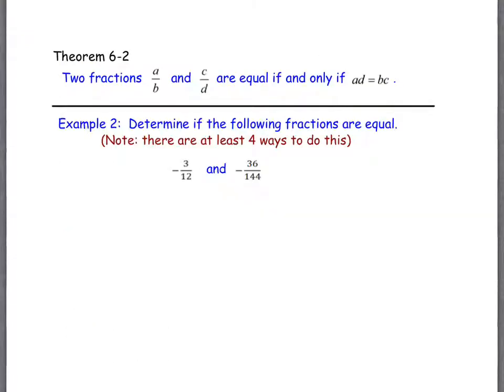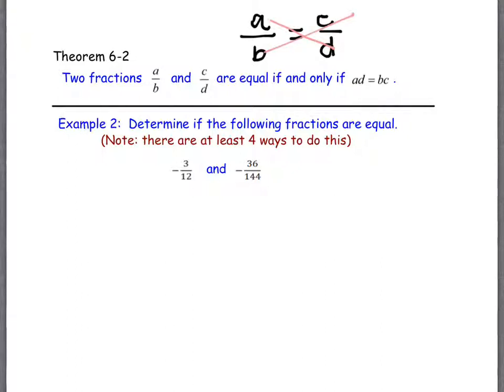All right. Next thing, we have several ways to determine if fractions are equal. One way to determine it is to take a look at it as though we've got an equal sign between them, and we do something that you've probably heard called cross multiplying. You guys remember that?